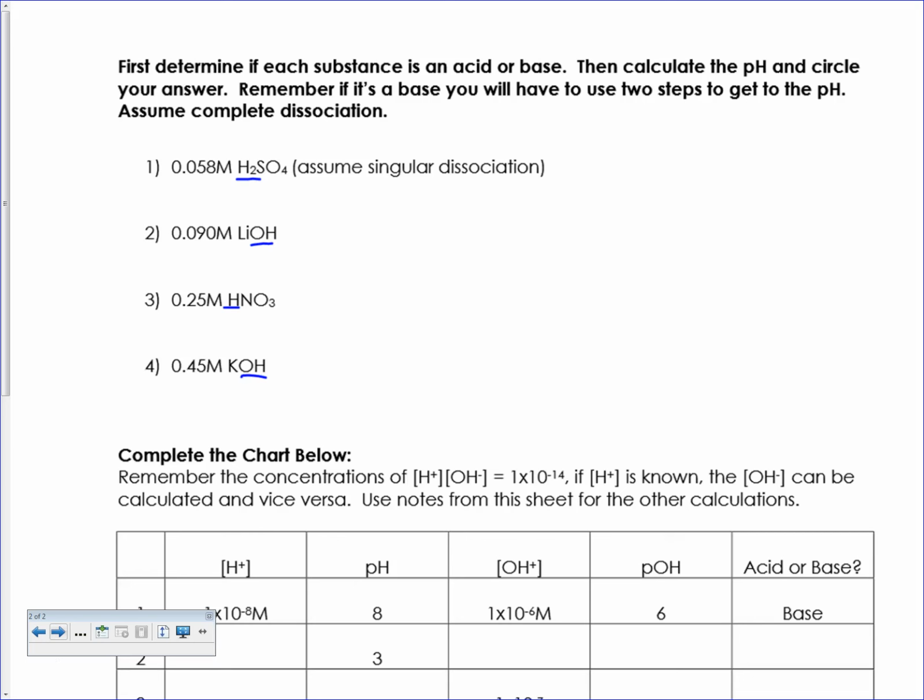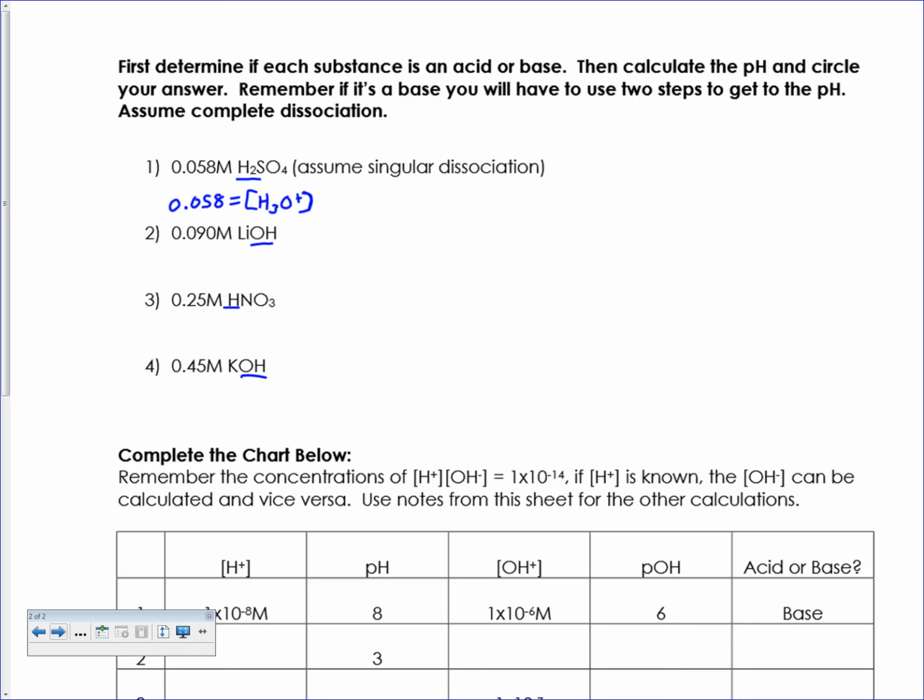And it says assume that we're just giving off one of these hydrogens for number 1. And so if we have 0.058 molar of this acid, we're going to have 0.058 as our concentration of H3O plus. Because this acid is going to take those H's that are on the front and put them into solution.